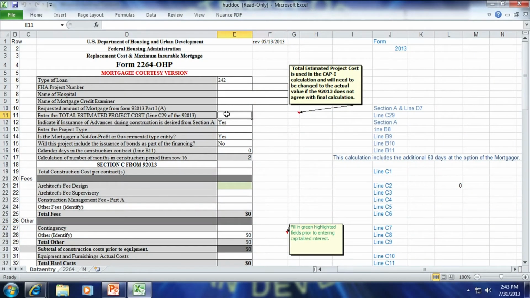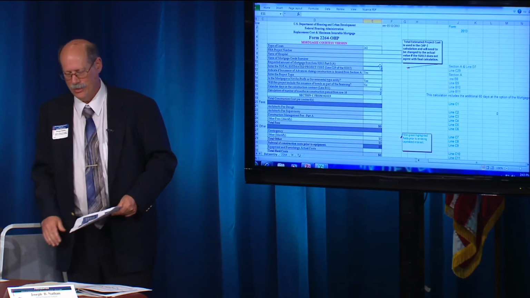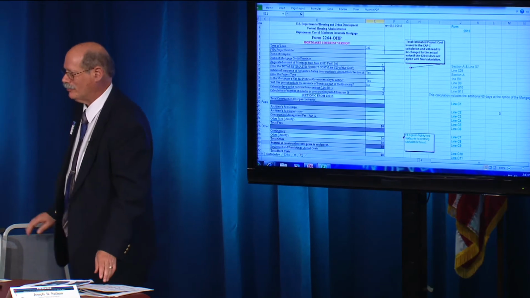You can put it in right here on E11. When you get down to filling it out, it actually calculates what the real project cost is. If that project cost doesn't match the amount up on top, it will pop up a big yellow box that says, guess what? There's a problem here. The numbers don't match. Okay? Start over. So that's all I've got on the 2013.